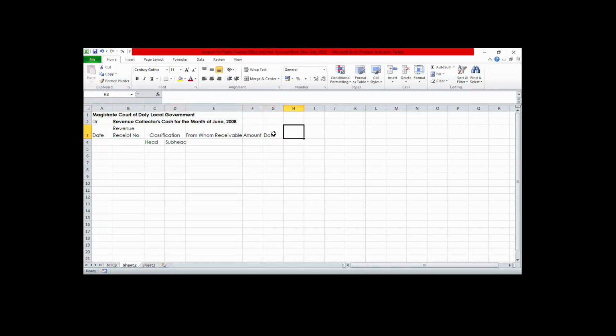After that, what do we also have again? Treasury receipt number. After that, what do we also have again? Amount.